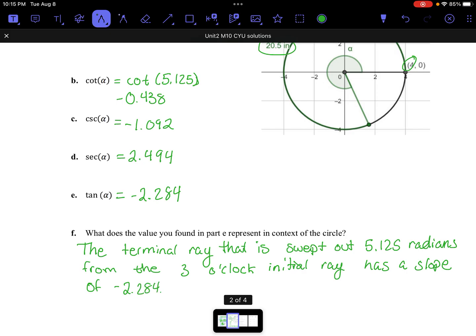And that would be the interpretation of this particular tangent expression.